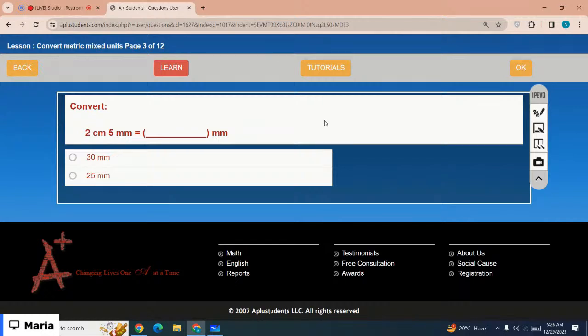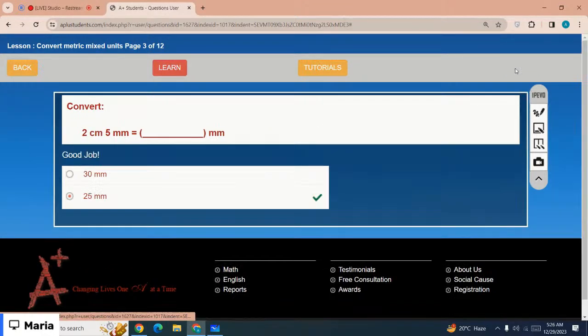Option number 2 is the correct option. The correct option is 25 millimeter.